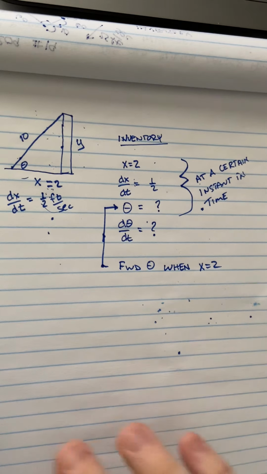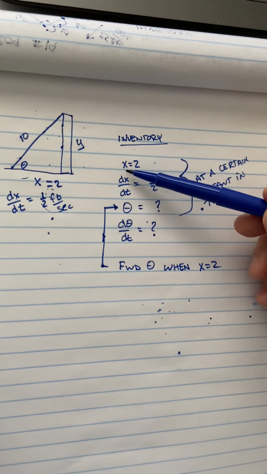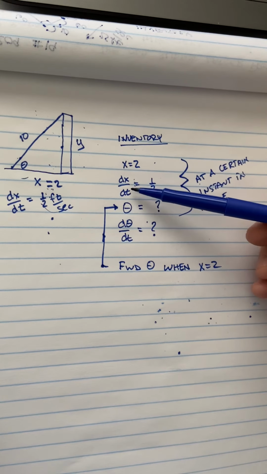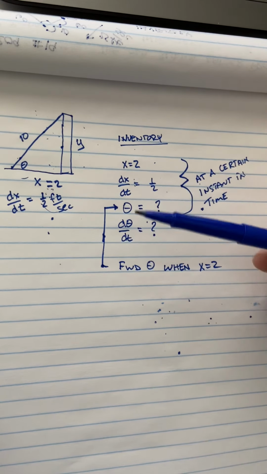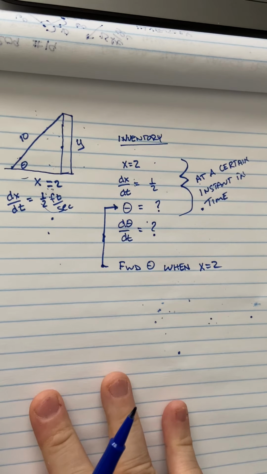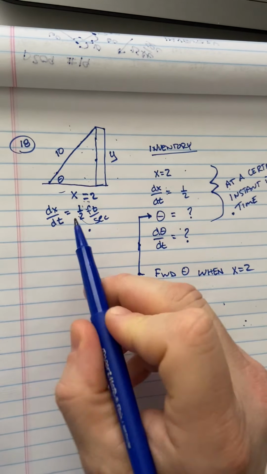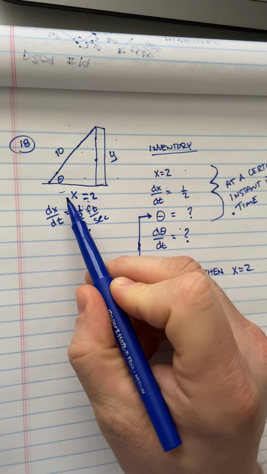Before we get too far into this problem, let's write an equation that relates x and theta, dx dt, and d theta dt. Can you guys come up with a formula that has those variables? That's right. It's the cosine.